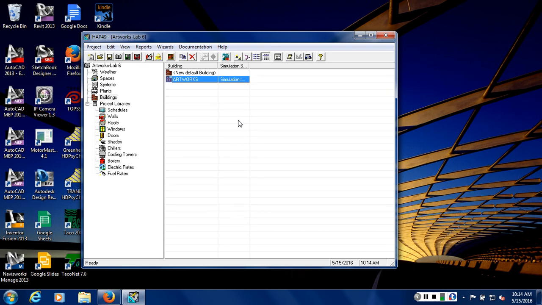What ends up happening is we have to add electrical and fuel rates, and we have to add, up here, simulation weather data. It's also called TMY data, or typical meteorological year weather data. That's because the Carrier program will run this building 1 hour for every hour throughout the course of the year.